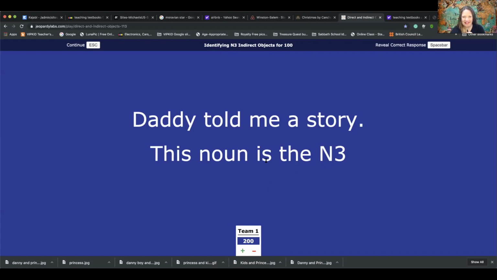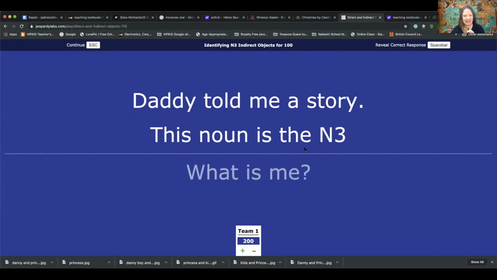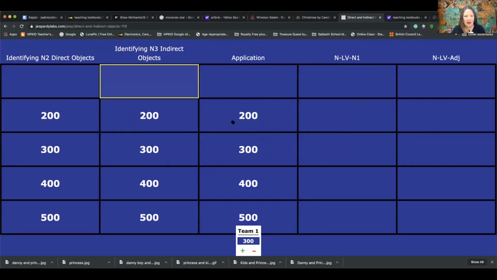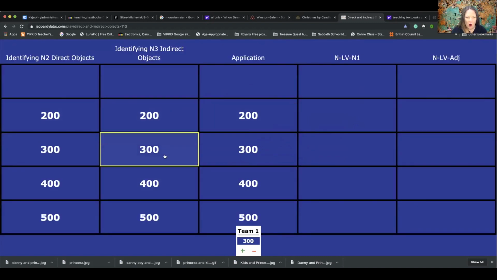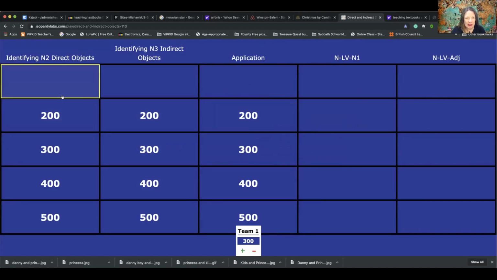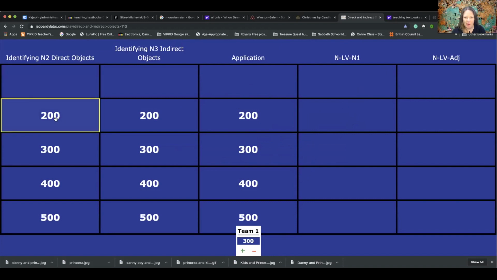If you said, what is me? It's correct. If you miss something, you will need to hit the negative, the red minus. We're just going to go slowly up, but if you're playing against somebody, you'll want to try to get the higher points.